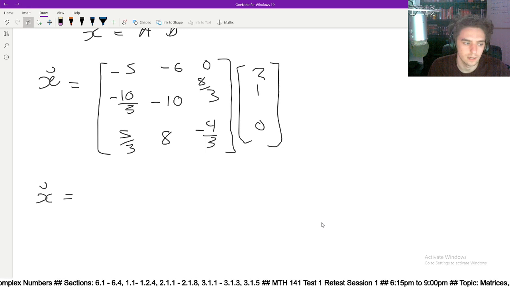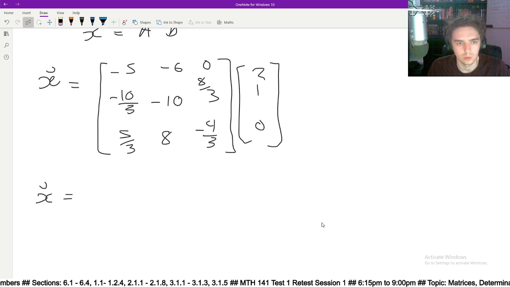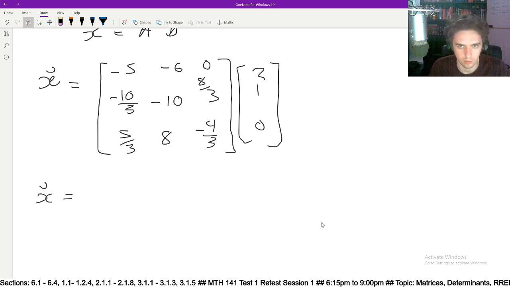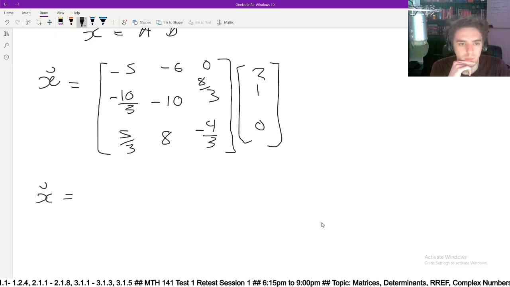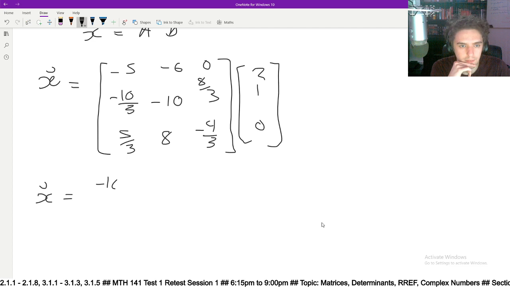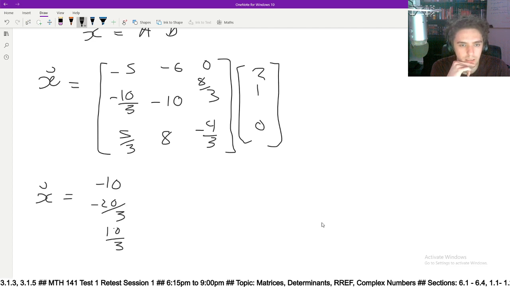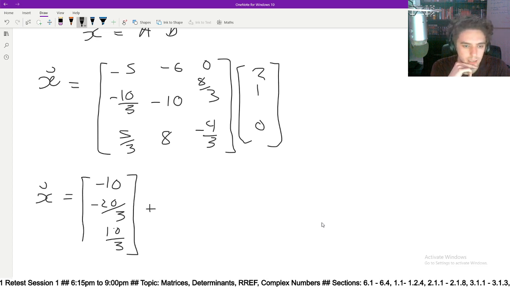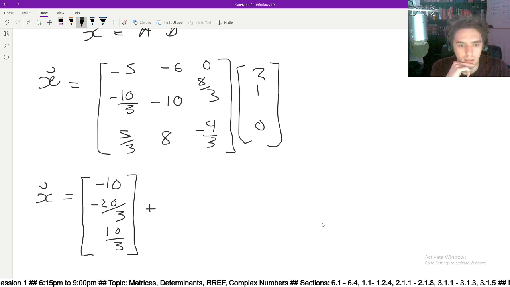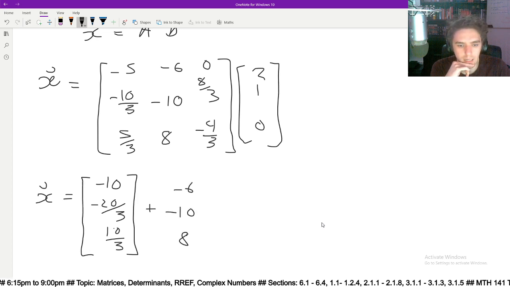So the x vector is equal to 2 times, vector multiplication here. Well, vector times a matrix multiplication. So 2 times all these things. So negative 10, negative 20 thirds, 10 thirds. I can actually kind of write it like this. Plus negative 6, negative 10, 8.